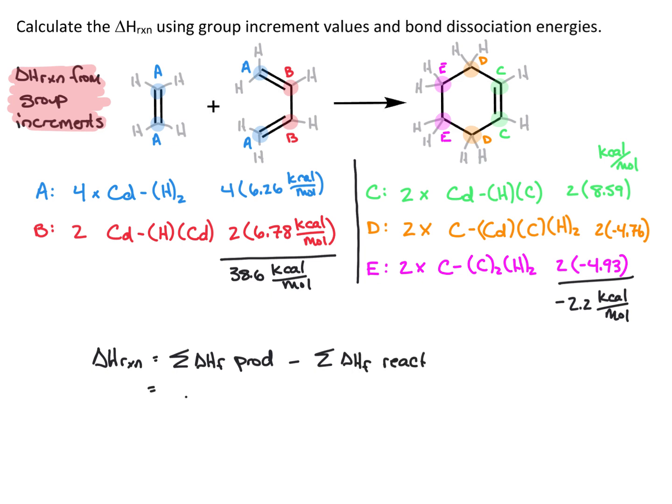So this is going to be negative 2.2 minus 38.6. Right, if you do the math, you get negative 40.8. So again, this is telling us an exothermic reaction.